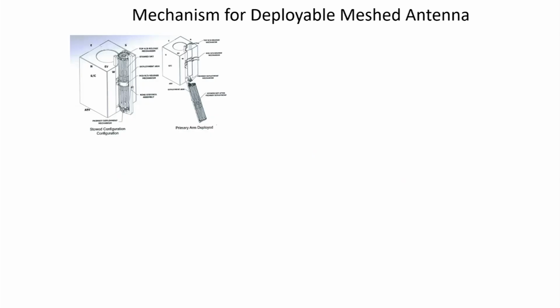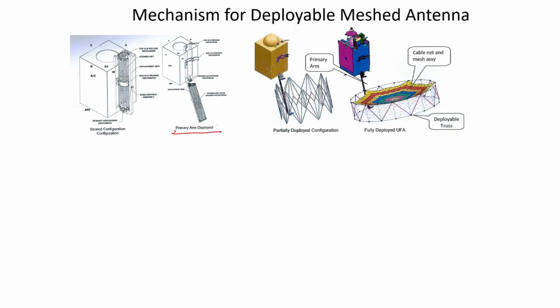We will show here a deployable mesh antenna. Let us consider it is a 6 meter antenna. The mesh is put across the primary arm, folded like an umbrella. When it reaches the orbit, the deployment gets started. You see this is a partially deployed configuration, and the fully deployed one is called the unfurlable antenna. UFA means unfurlable antenna.